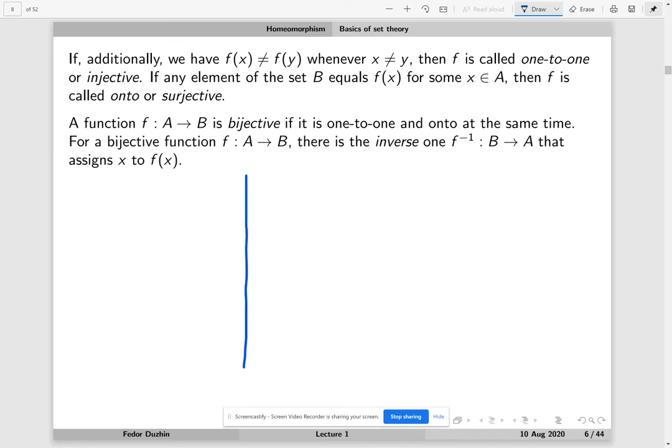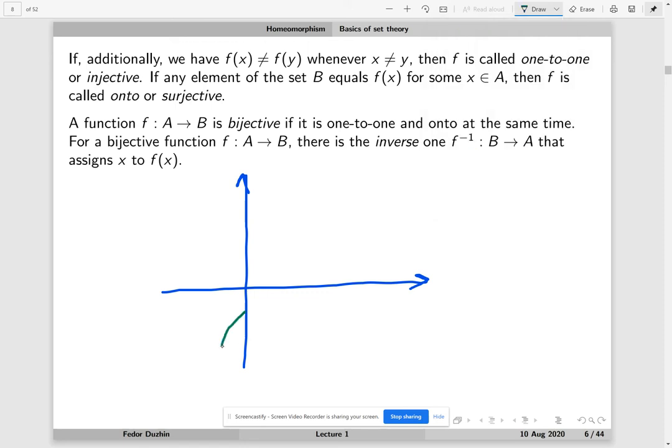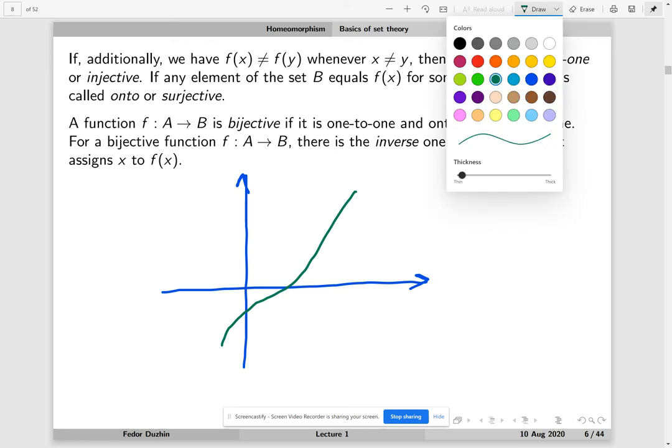So for functions from real numbers to real numbers, let's say this is the graph of a function.